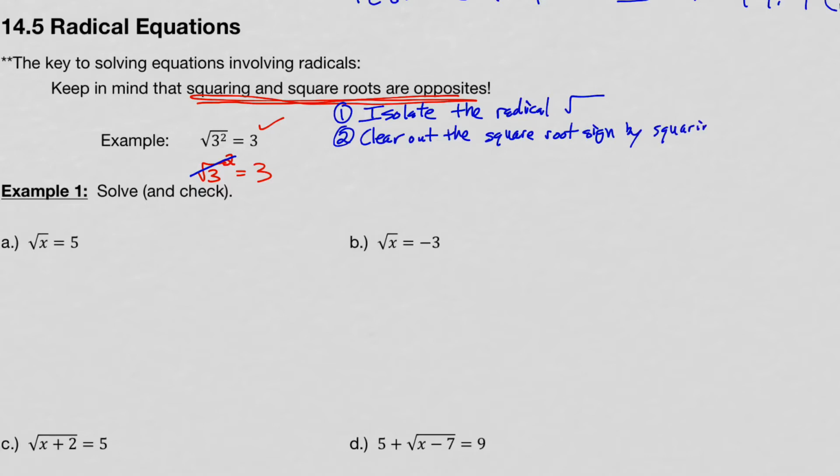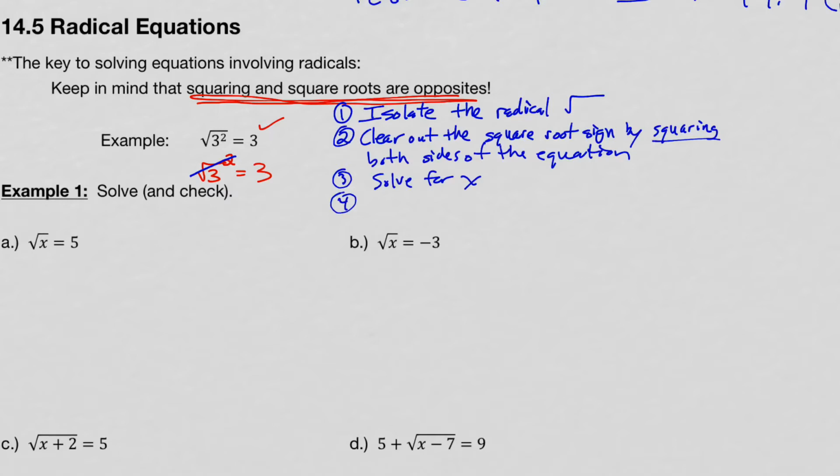That is the inverse operation. We're going to see that in a second. Once you do that, all your radicals disappear, and so now you just need to solve for x.